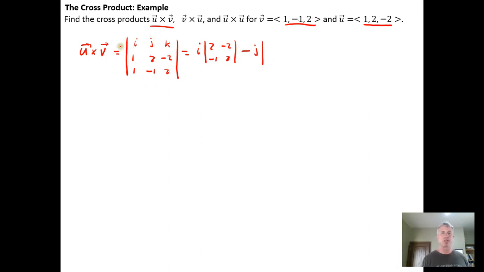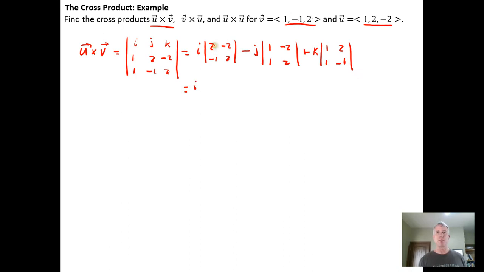Again, we cross this and this, so it leaves us 1, 1, negative 2, 2, and then we do plus k times the determinant we get when we cross the row and column corresponding to k. So we get 1, 1, 2, negative 1. And then you just grind through the calculation.